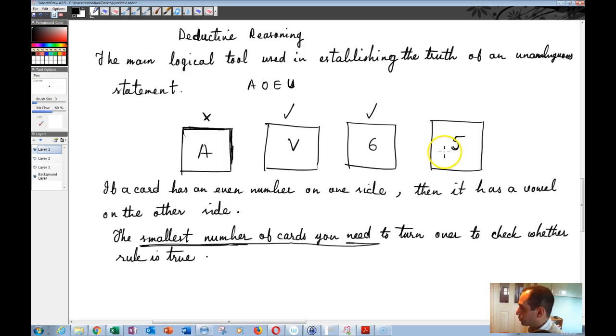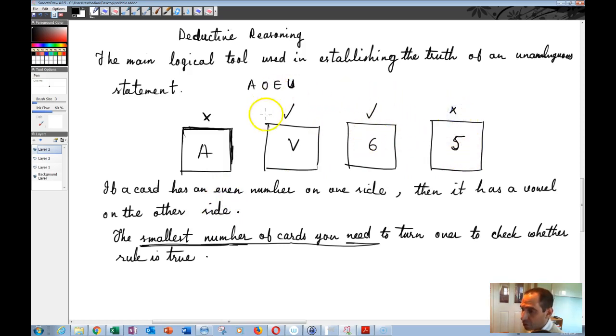Now I got confused myself. So on the other side of this card, if I have a vowel, this rule has not been broken because this is an odd number, and here we're talking about even numbers. If on the other side of this card I have a consonant, still this rule is intact, it's not broken, so we don't have to move this card over.